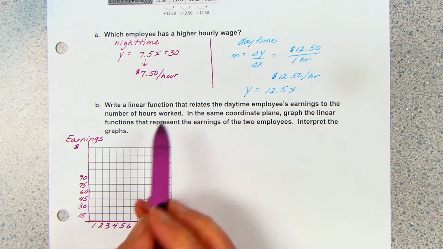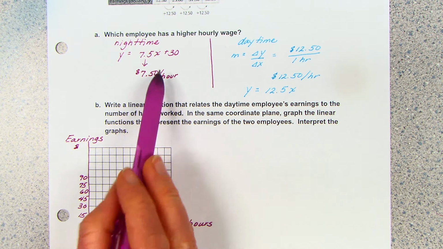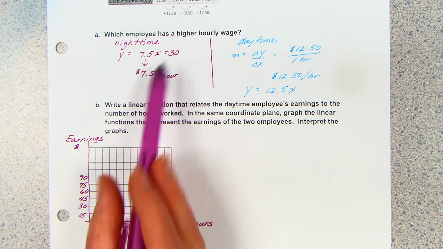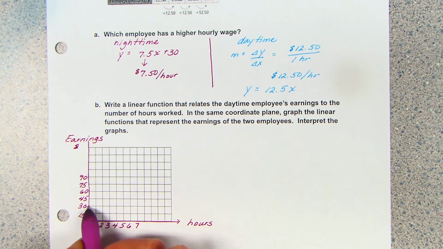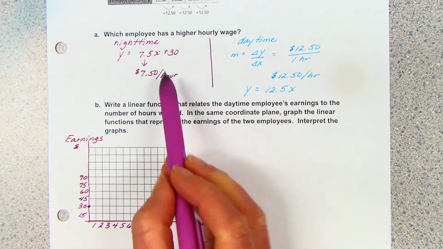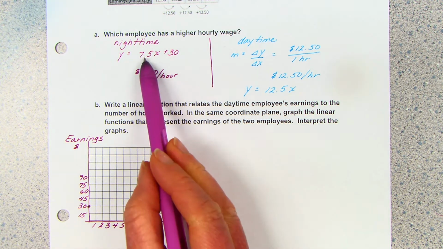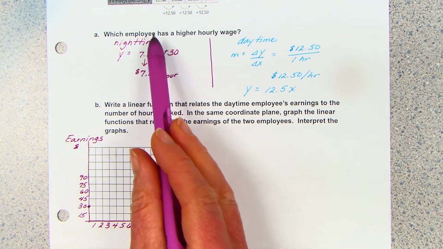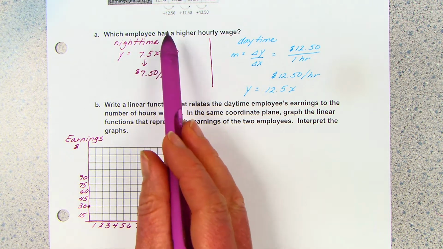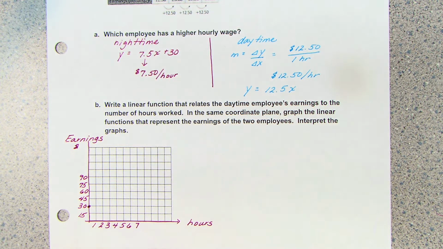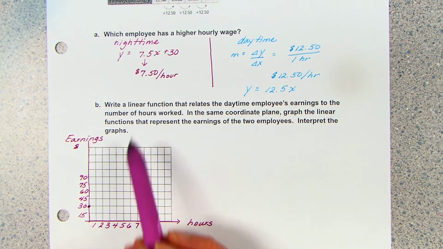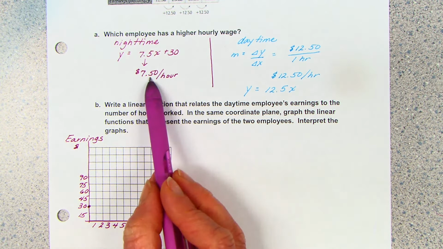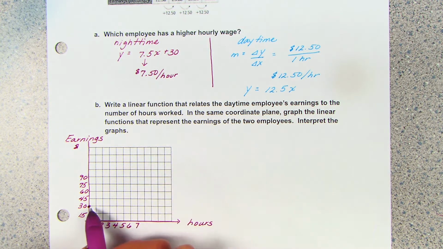All right, and so when we want to graph, I know that I'm going to start at 30. That's the y-intercept. Let's start there. And then I know that my slope is 7.50, so I'm going to go over 1 and up 7.5, over 1, up 7.5. 7.5 is a little awkward on here. Why don't I go over 2 and then I can go up 15? So instead of graphing 7.50, I can graph $15 if I go over 2 hours.